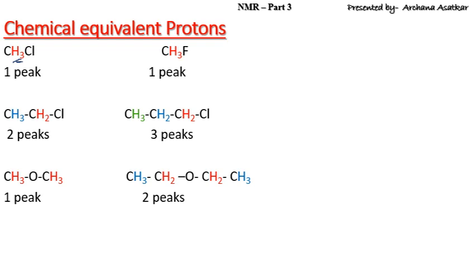That's why these three protons will give only one NMR signal. In the same way for CH3F, all three protons are equivalent in nature because they are attached with carbon, and this carbon is attached with fluorine, and they are chemically equivalent. That's why these three protons will together give only one peak in the proton NMR spectrum.